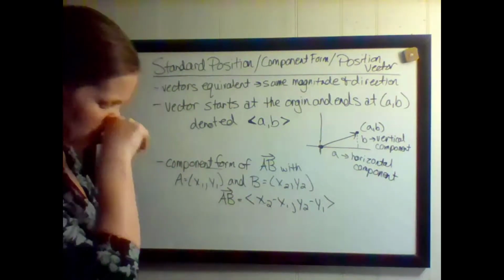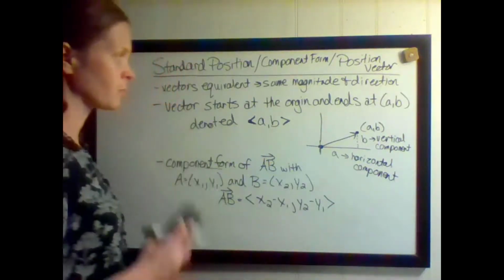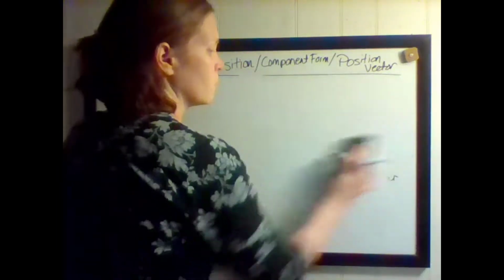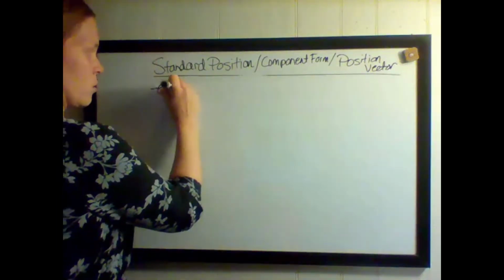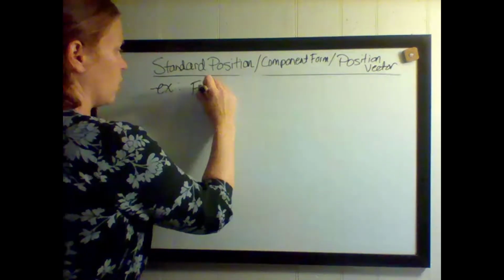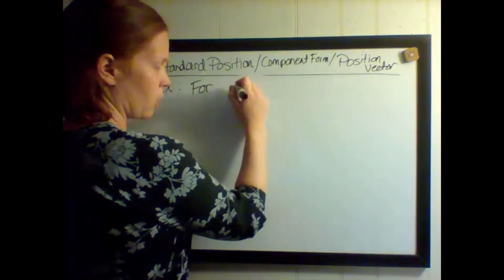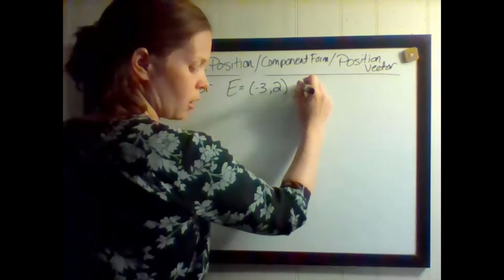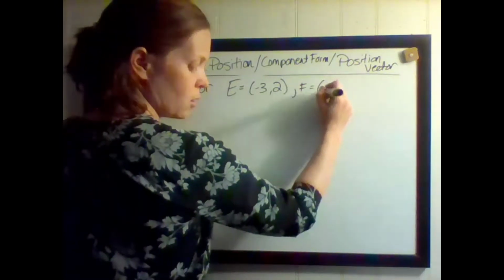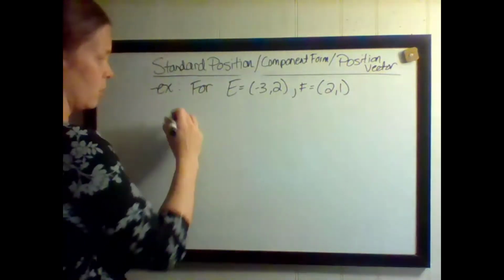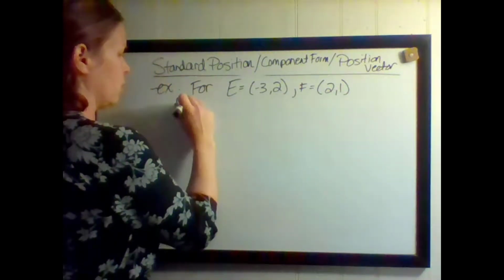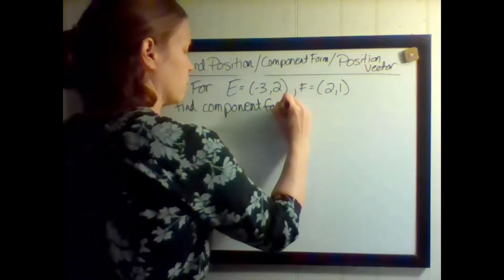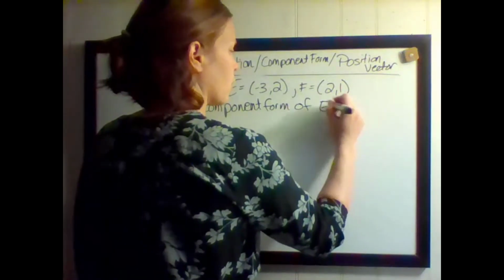So let's see how that can make sense with an example. Let's say for a vector, I've got 2 points. E is (-3, 2), and F is (2, 1). Okay, so we're going to find the component form of vector EF.